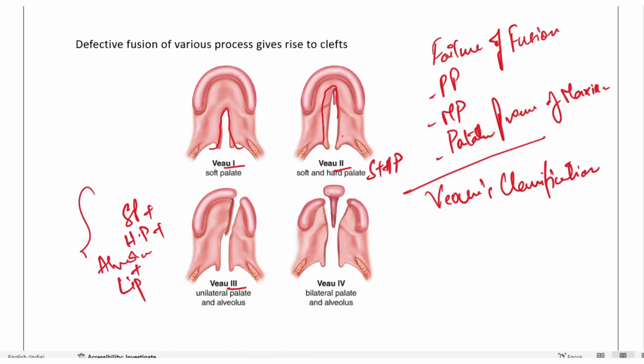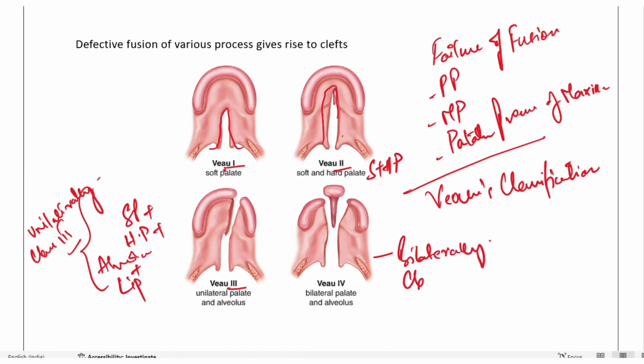If all this occurs unilaterally, it's called class 3. But if the same thing happens bilaterally, it's called class 4. Clear? So this completes your next 5 marker.